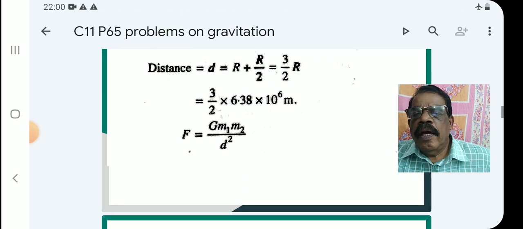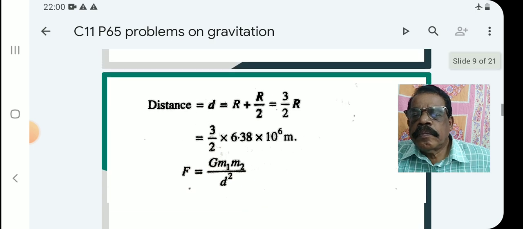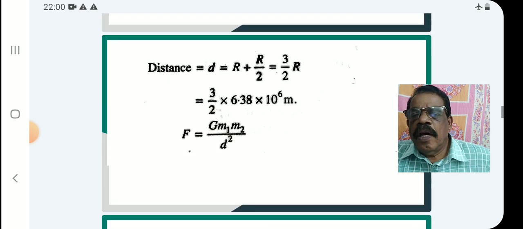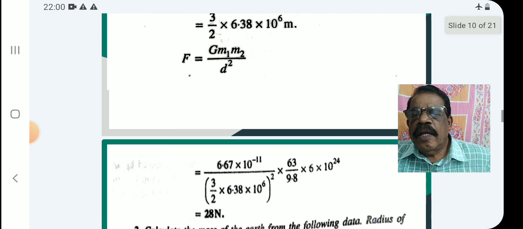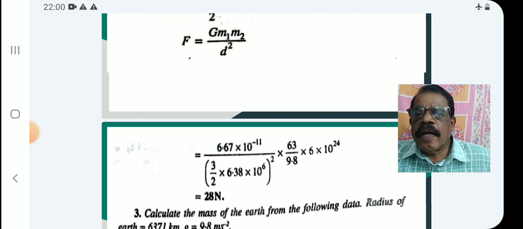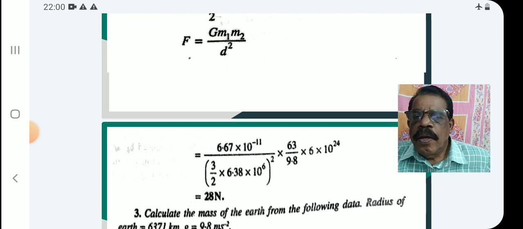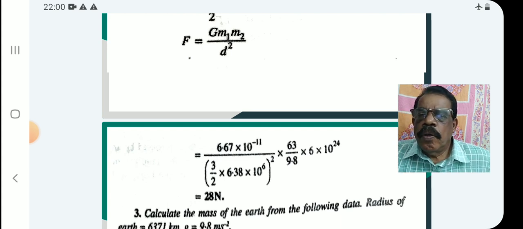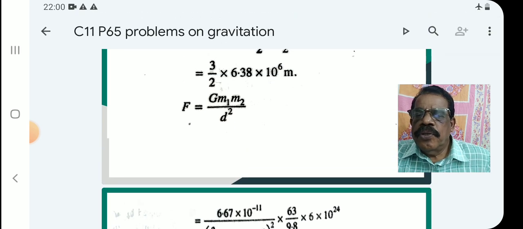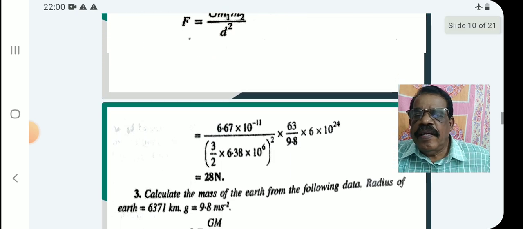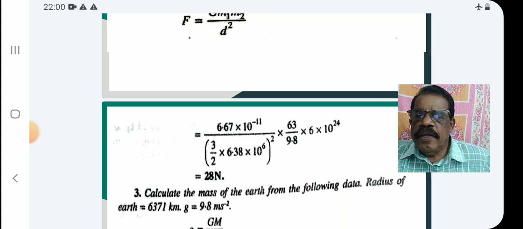You look here, one step is missing. Here F we calculate first. F we calculate on the surface of Earth, and F we can calculate at a height using the mass.